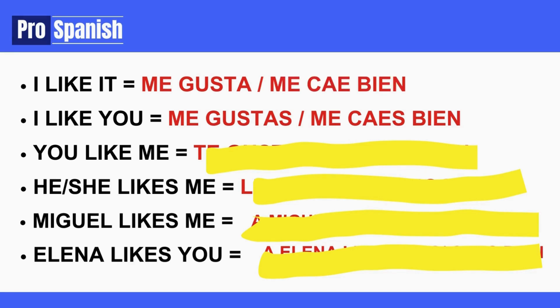Okay, let's move down to you like me. We'll stick with the gustar translation first, even though the romantic one is going to be used less. So, you like me, and it could be a question. Do you like me? It'll just be the same with a different intonation. So, you like me or do you like me is te gusto.